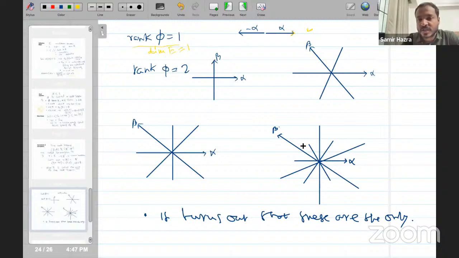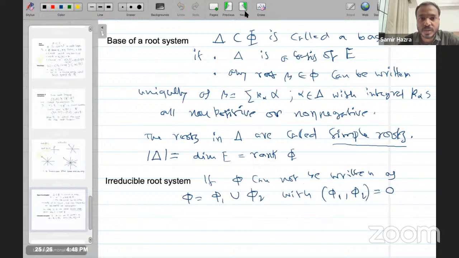So it turns out that these are the only root systems when rank of phi is 2. If rank of phi is 3, then the dimension of E must obviously be 3, and we cannot draw nice pictures, but these are all the root systems in the 2 dimension, rank 2 case.